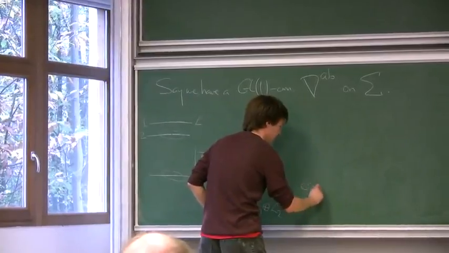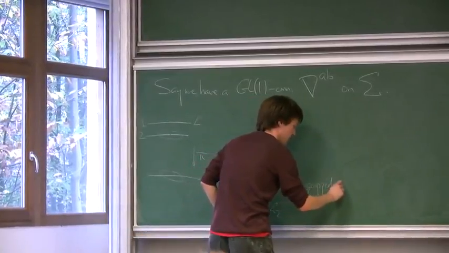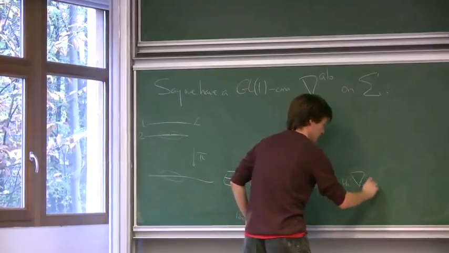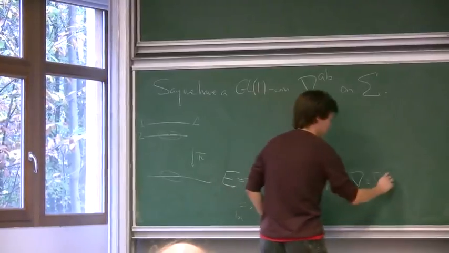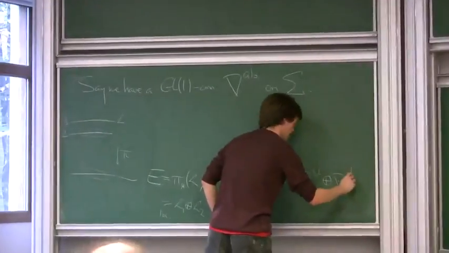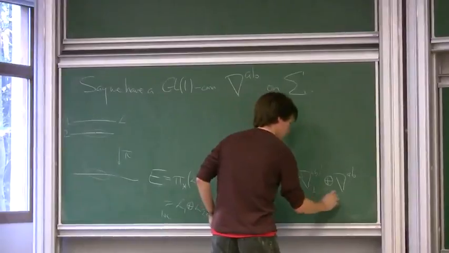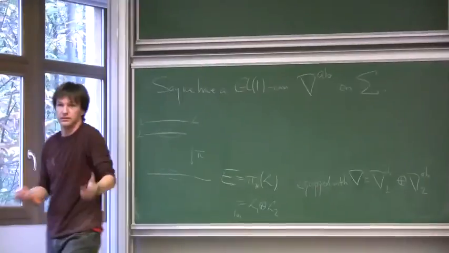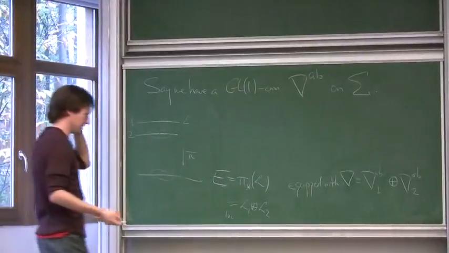So this is sort of canonically equipped with the diagonal connection. If you like, I'll call it nabla abelian 1 direct sum nabla abelian. Right, you just have a sum of 2 lines, so I just have the most trivial possible connection.